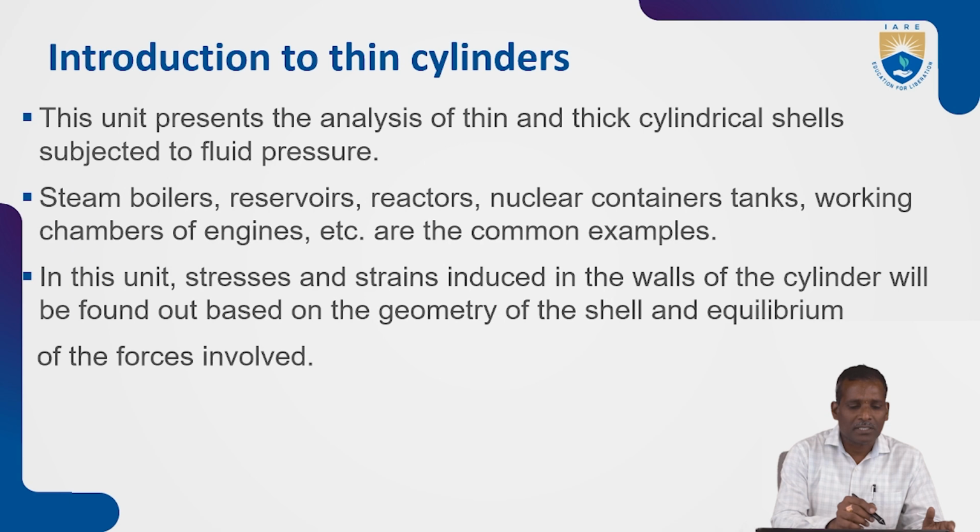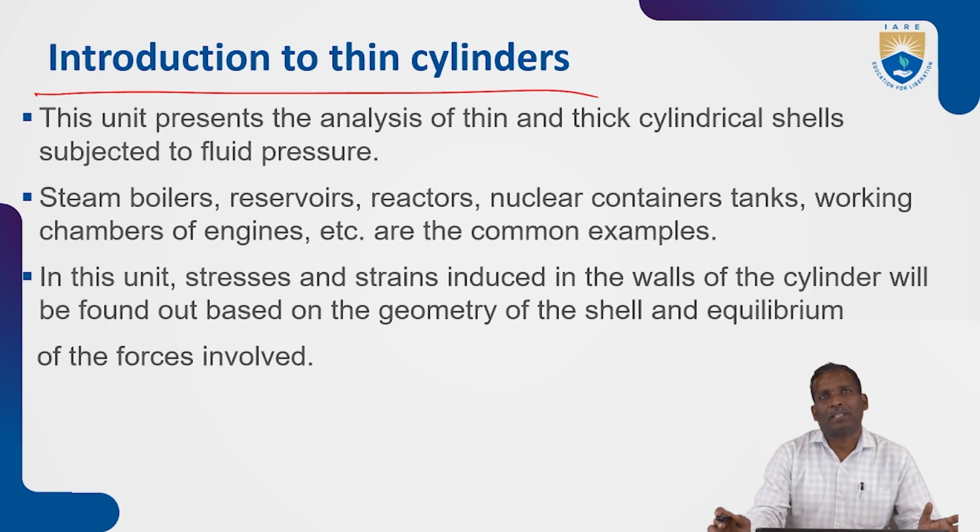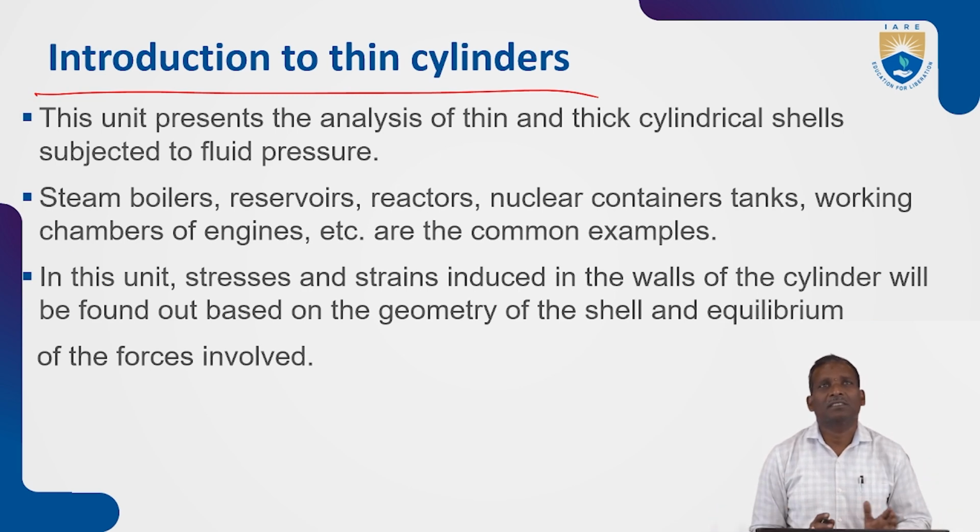Once again we will see the introduction to thin cylinders. This unit presents the analysis of thin and thick cylindrical shells subjected to fluid pressure. We are discussing how to calculate various stresses induced whenever thin cylinders are subjected to fluid pressure.